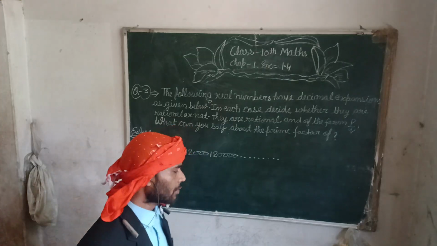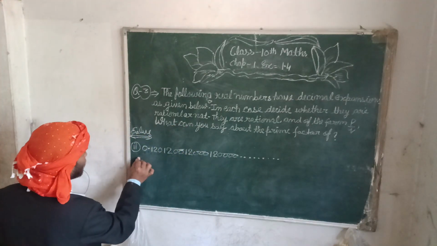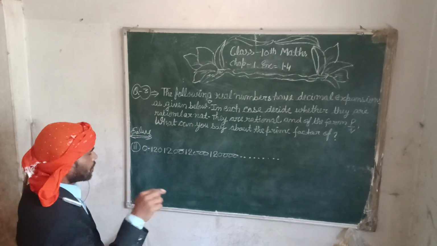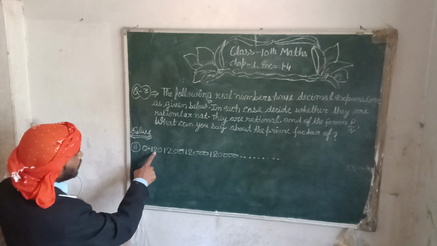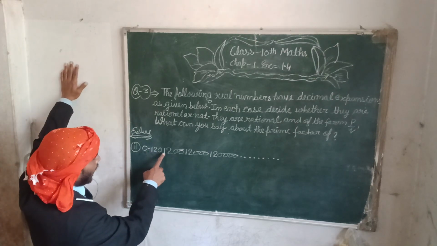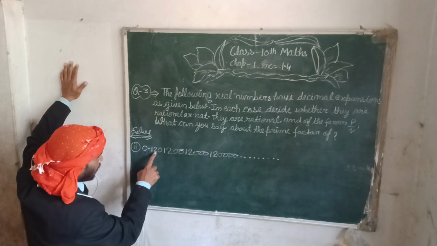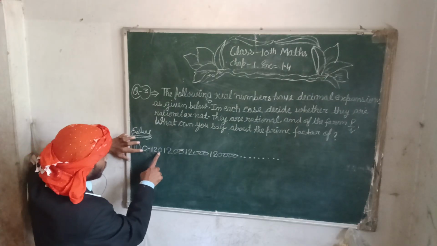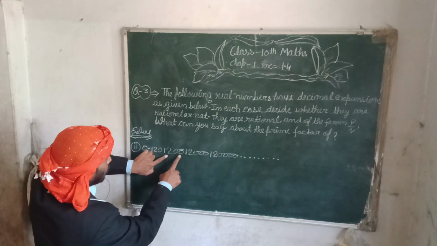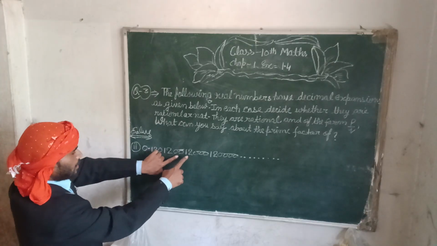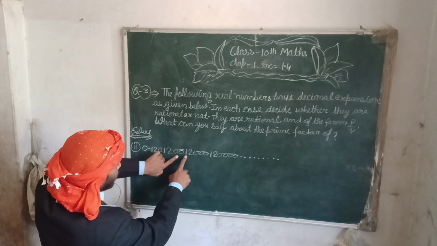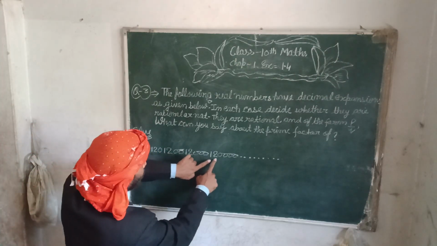Okay, my dear students, now I solve this question. See here: 0.12, then 0 repeats once, then 12 again, then 0 repeats a second time, then 12 and a third time 0, then 12 and 4 times 0.